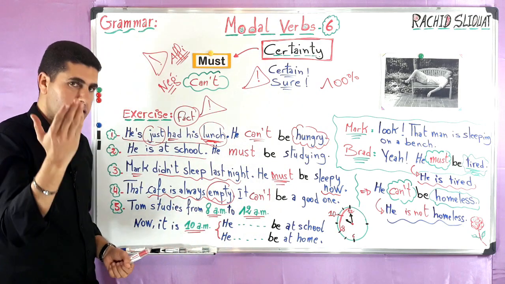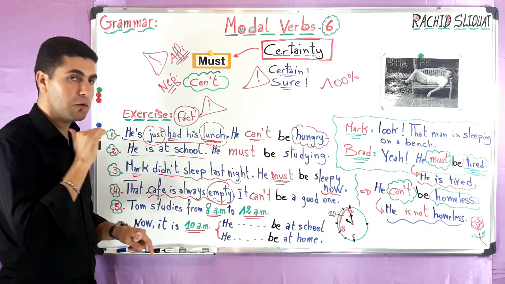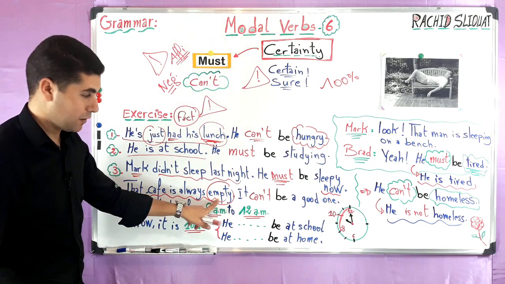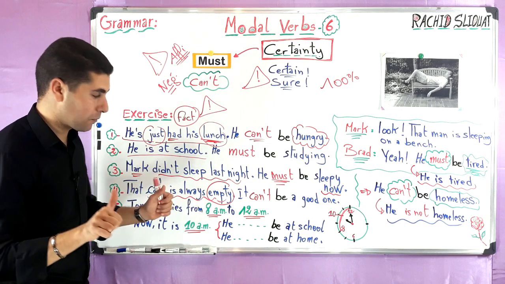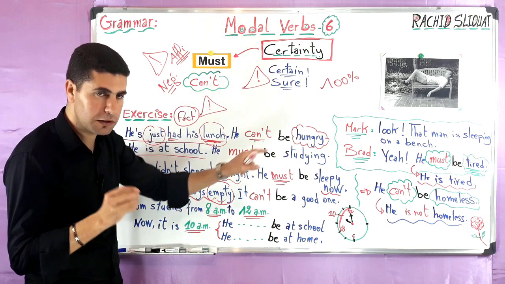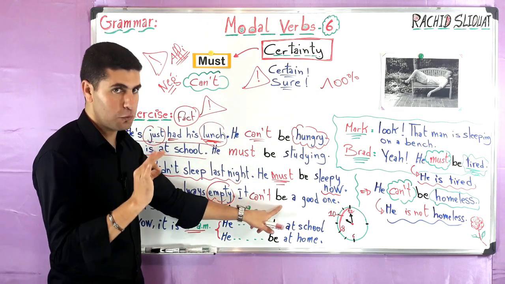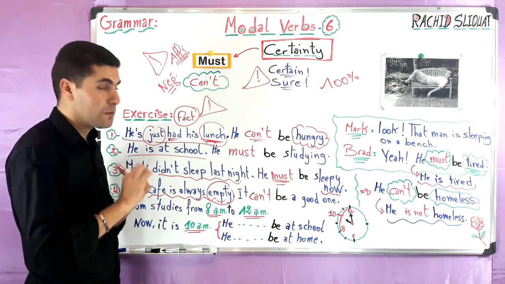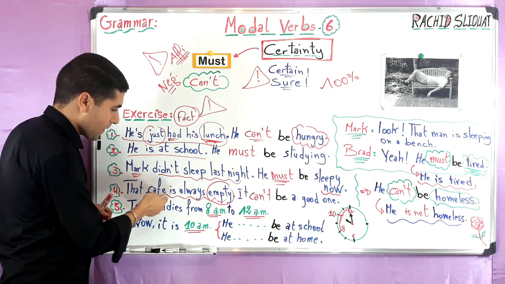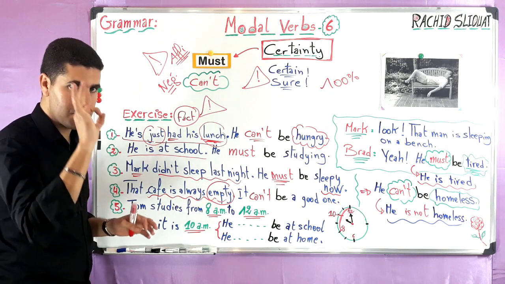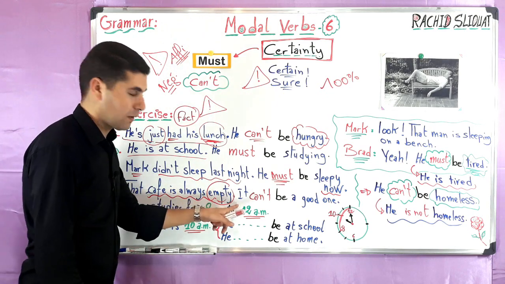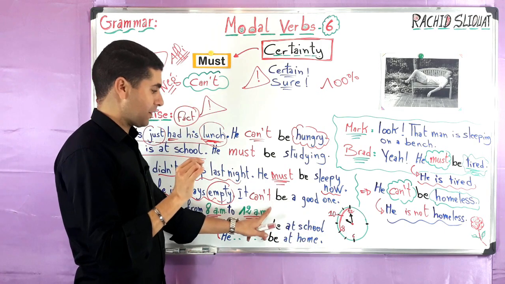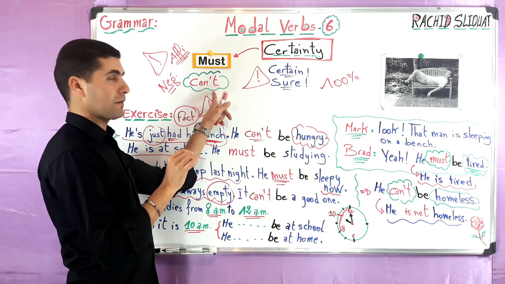But imagine if that cafe is always full of people. Surely, certainly, it must be a good one because it is full. But this cafe is empty. No one sits in the cafe. So it can't be a good one. Negative.